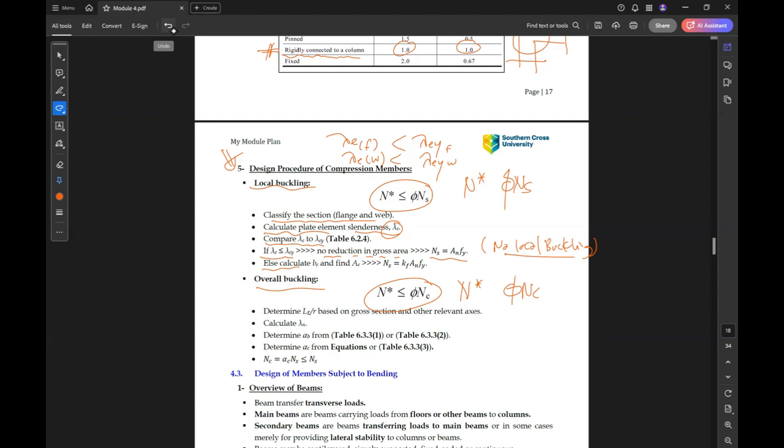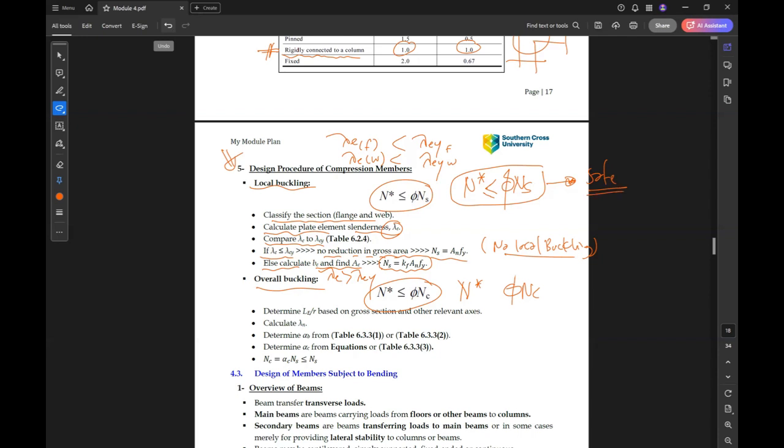If lambda e is more than lambda ey, Ns equals kf times Ag times f yield. N star should be less than or equal to phi Ns to be safe. This is for member section capacity.